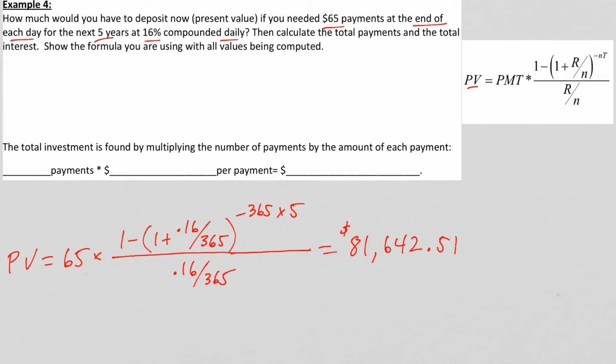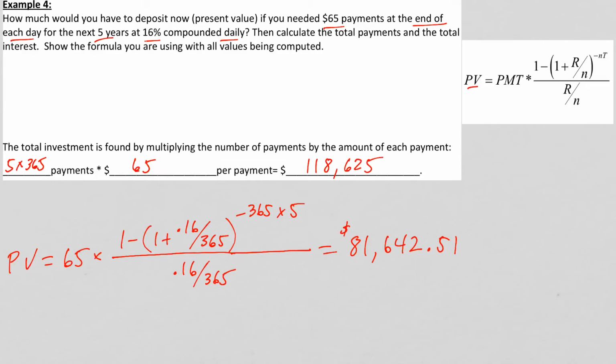So that's what we'd have to fund the account with today in order to take these payments out. How much are we going to make in interest? Well, we're going to take out 5 years worth of payments, 365 times a year. So we'll take out that many payments of $65 each, a total of $118,625.